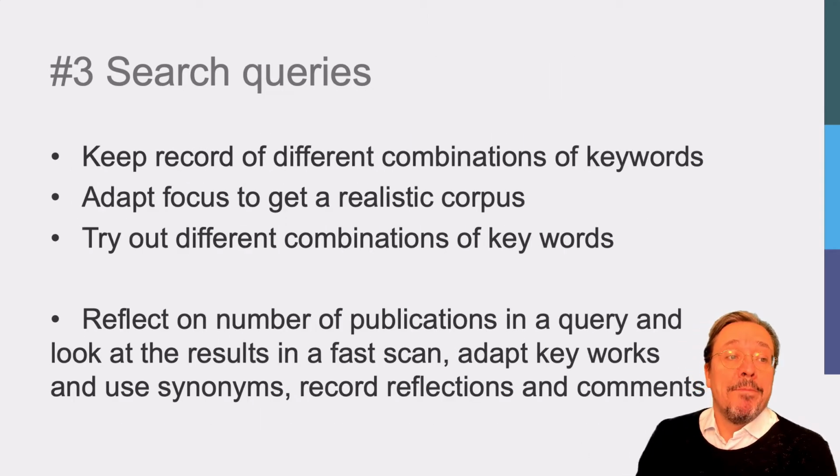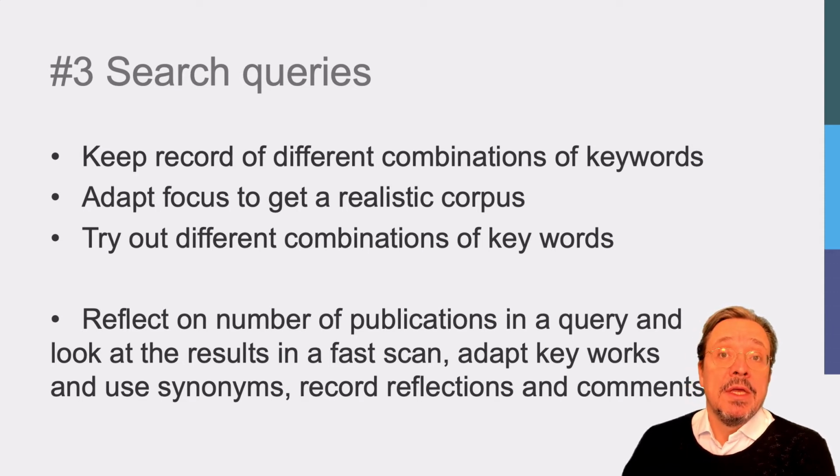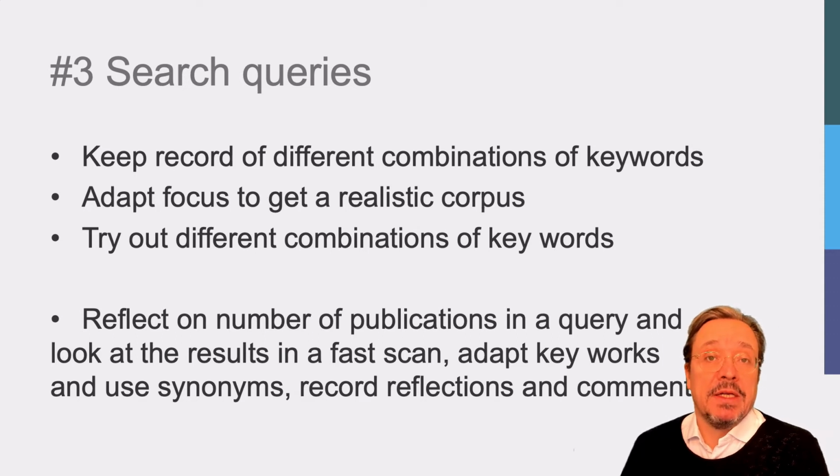And to combine these in the queries, you should really keep a record of the outcomes of these different searches. You have to adapt the focus of your search to get a realistic body. It will be very tough to analyze a corpus of 1,000 documents. That will take you a really long time if you have to read them all in full text.